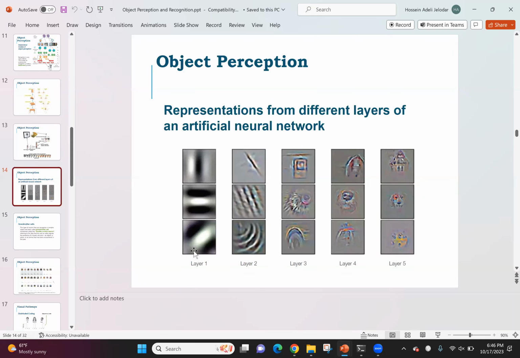That you go from V1 to V2 to V4 to posterior and anterior IT, you get a similar hierarchy of selectivity. So that's what I want you to take away from this. That different layers in the brain, the cells are responsive to different levels of hierarchy, to different levels of abstraction.